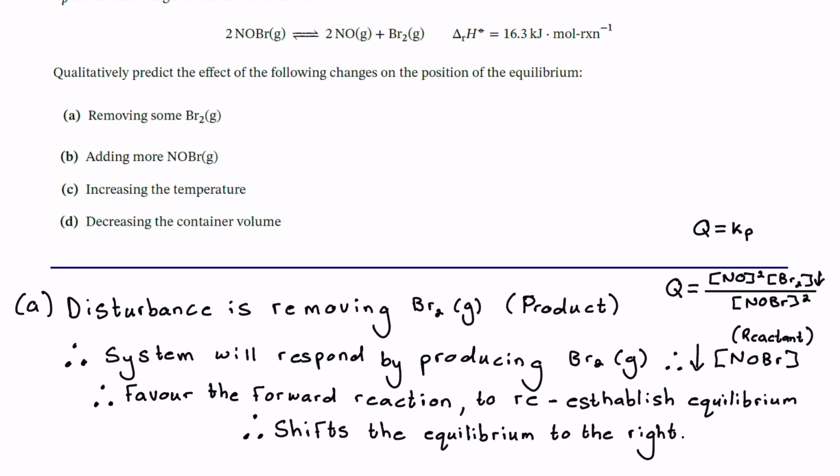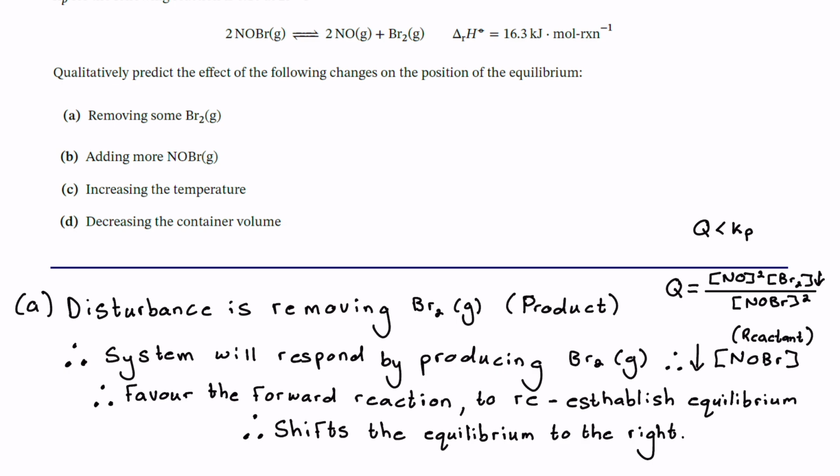Decreasing the bromine concentration decreases our numerator. Decreasing the numerator means that we change this from Q equals Kp to Q being less than Kp. If Q is less than Kp, it means that for equilibrium to be re-established, the forward reaction must be favored. Hence, it means exactly as we wrote there. It favors the forward reaction to re-establish equilibrium, and therefore it shifts the equilibrium to the right. Okay? Also known as Le Chatelier's principle.